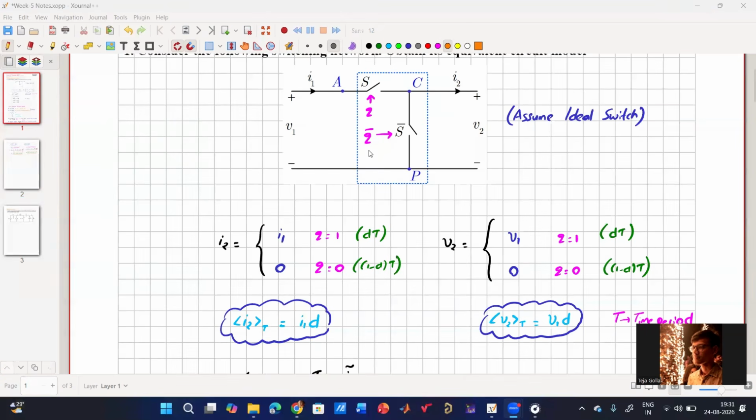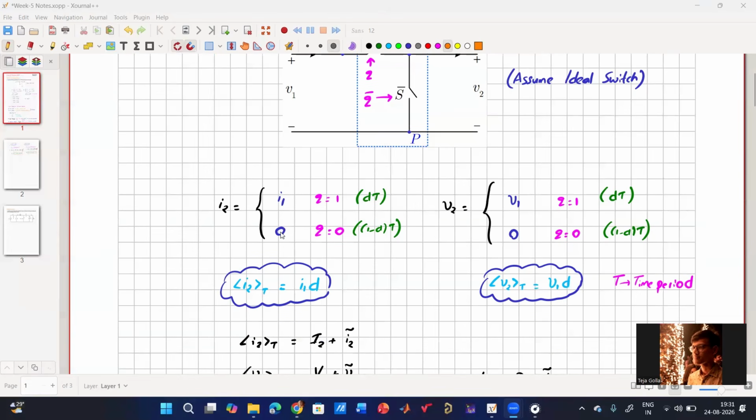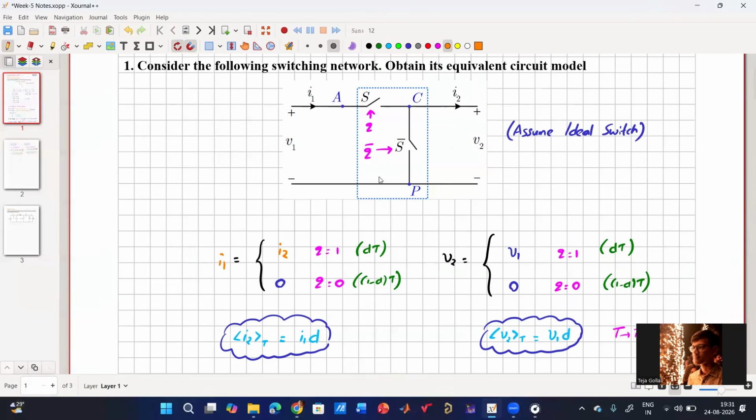I think I have made one mistake. It's actually the other way around. I1 should be in terms of I2, because this is the load. In a buck converter, I1 equals D into I2. So we have made a small mistake over here. Let me correct. This is I1 and this is I2, because the load is always connected.